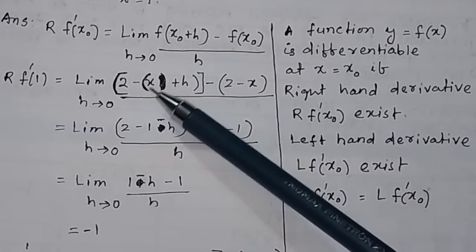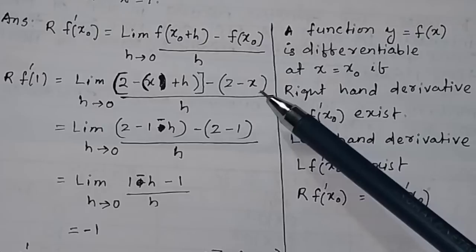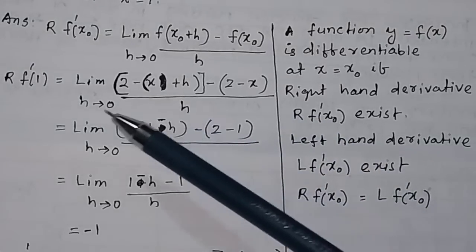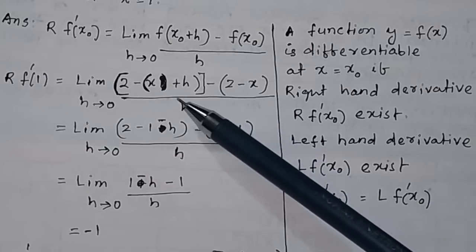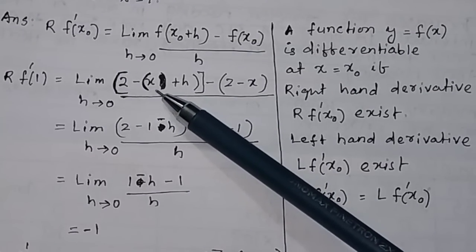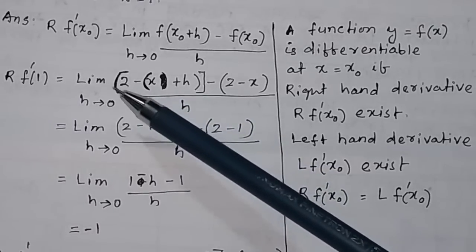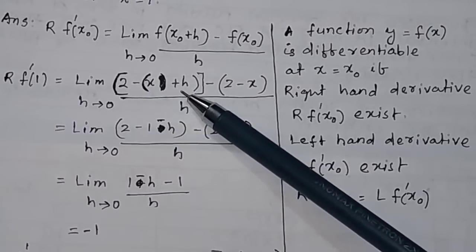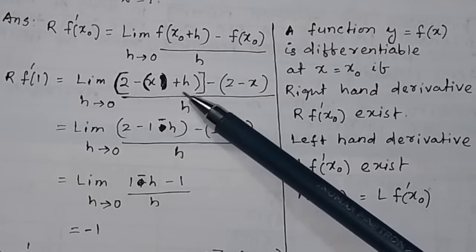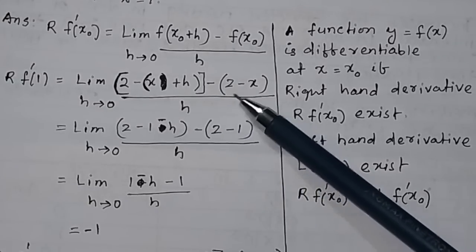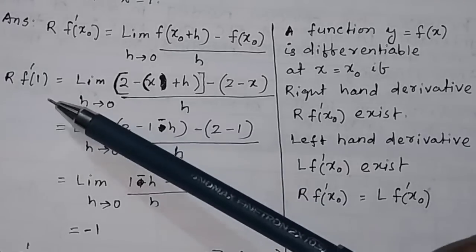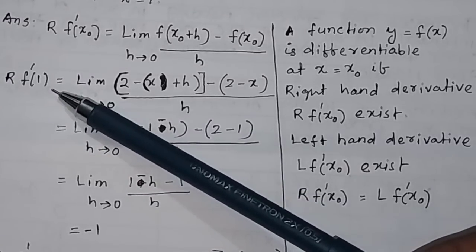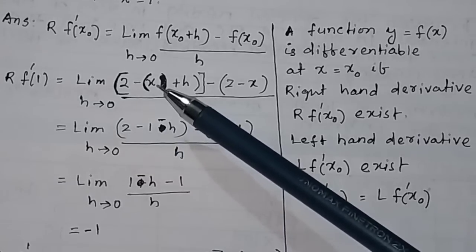So it is 2 minus (x plus h) minus (2 minus x), divided by h, because we will take x equal to x plus h, a value slightly greater than x, since it is the right hand derivative. We are checking the derivative at x equal to 1, so put the value of x equal to 1.